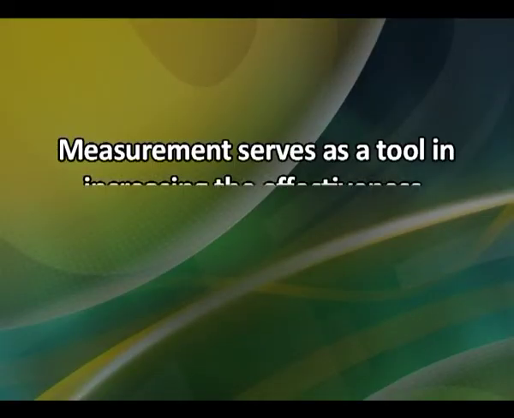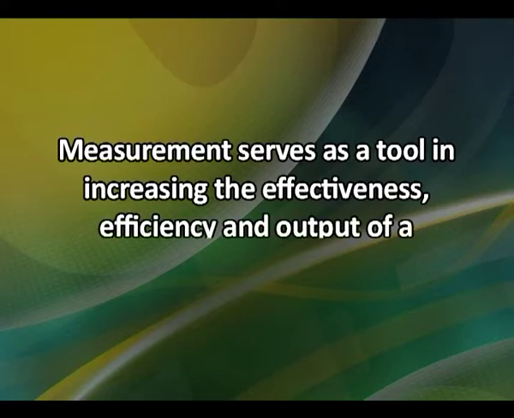Sixth, improvement of learning situation. The facts, principles and relationships established through research and measurement constantly serve as the basic data in the critical examination of the prevailing school organization in the form of its objectives, procedures and infrastructure. Measurement serves as a tool in increasing the effectiveness, efficiency and output of a school.